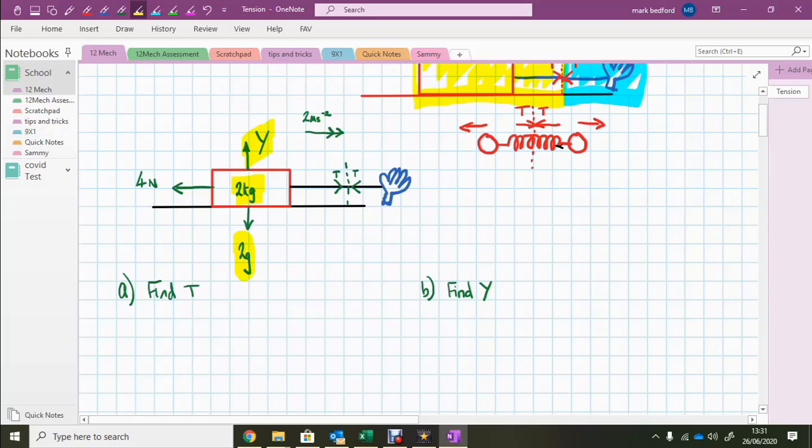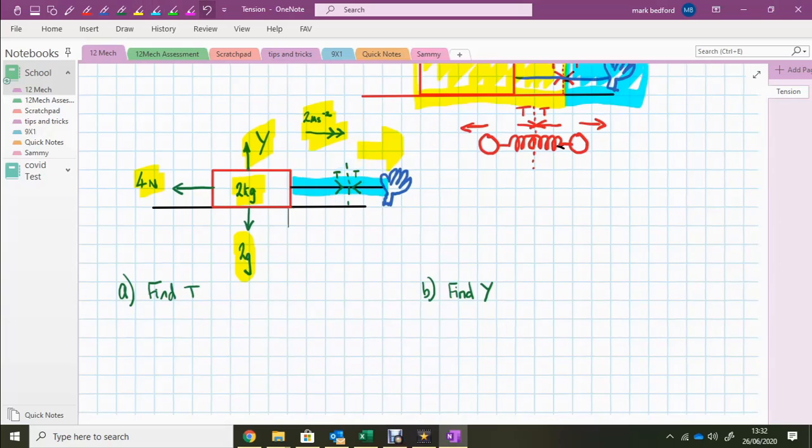I've got some friction in this one, which is 4 newtons, and I've got a block being pulled in this direction, and I know that because of my acceleration up here. And because I'm connected by a string, which I'll highlight in blue, to my hand, I've split my rope down here and I've drawn in my tension forces either side of that.